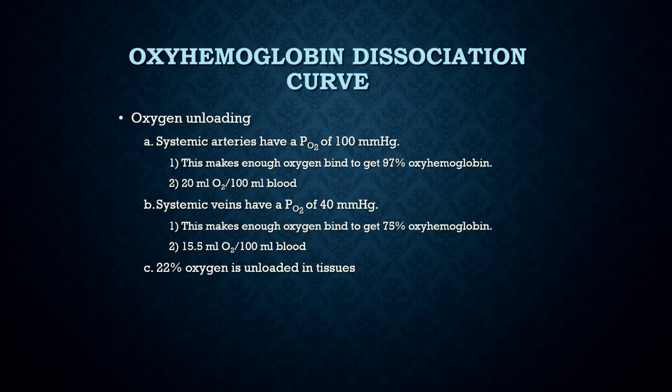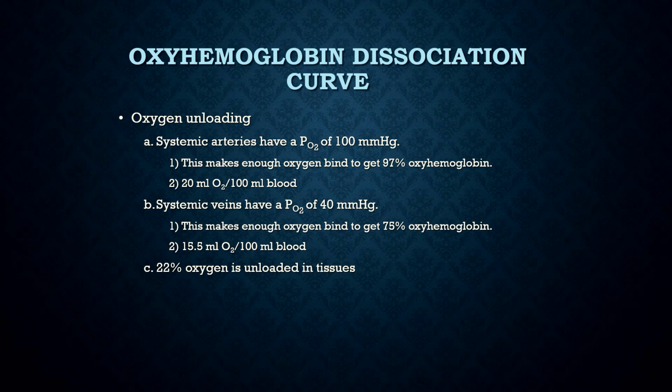The effect of the partial pressure of oxygen on hemoglobin saturation is determined by the oxyhemoglobin dissociation curve. All right. So with oxygen unloading within the systemic arteries, these will have a partial pressure of oxygen at about 100 millimeters of mercury.